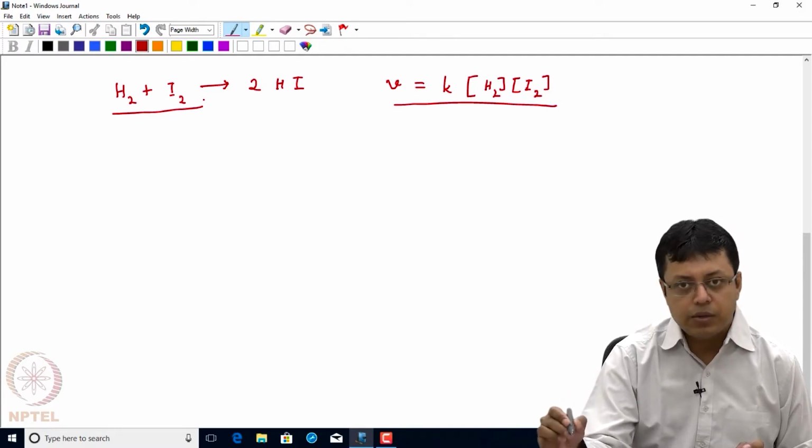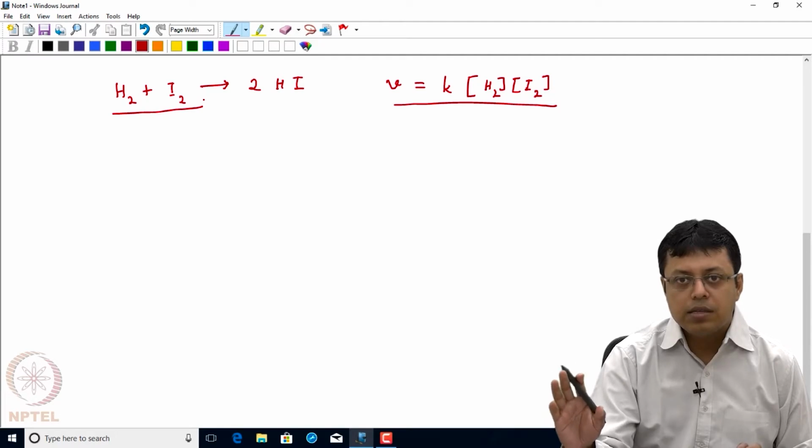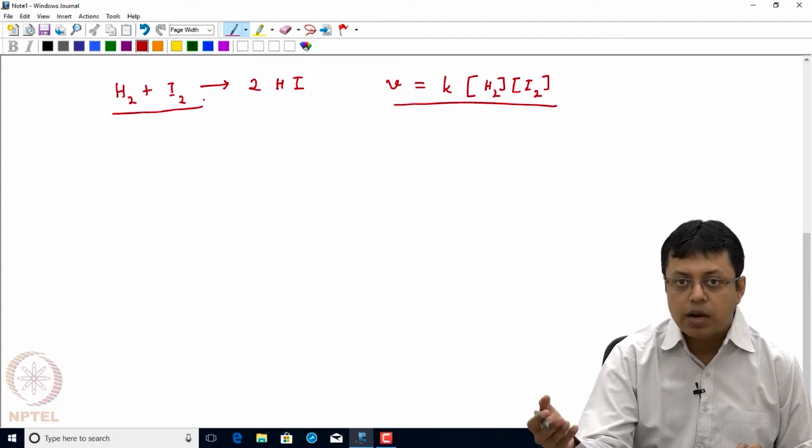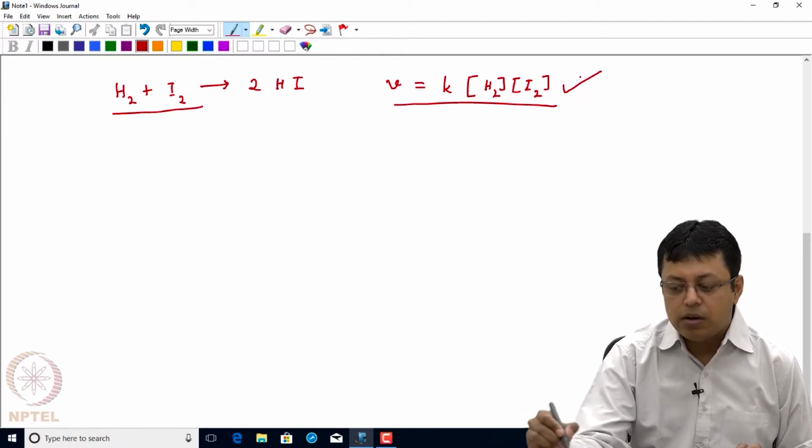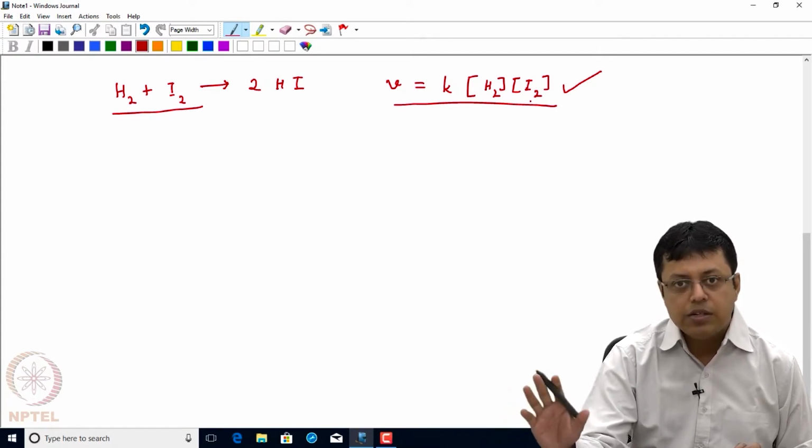If the reaction rate were governed by a process where just the hydrogen molecules and the iodine molecules collided, then the number of collisions would be proportional to the product of their concentration terms. But we cannot simply say that since the rate equation has a simple form like this, this reaction occurs via a step where hydrogen and iodine just collide and give you the product.